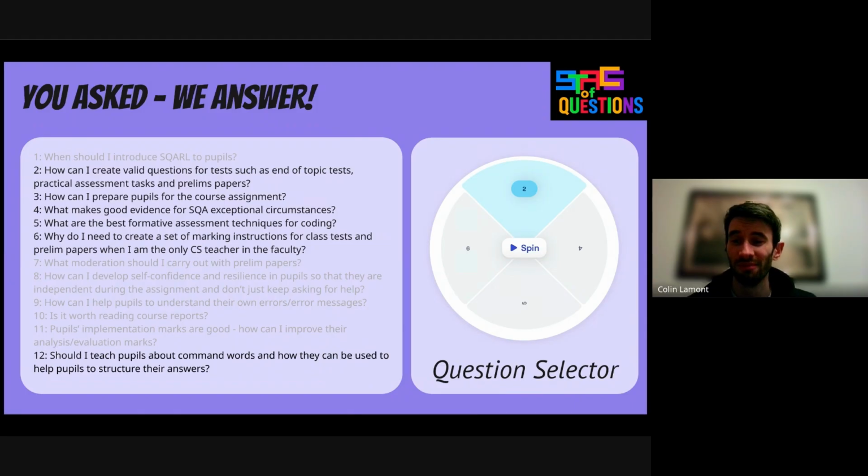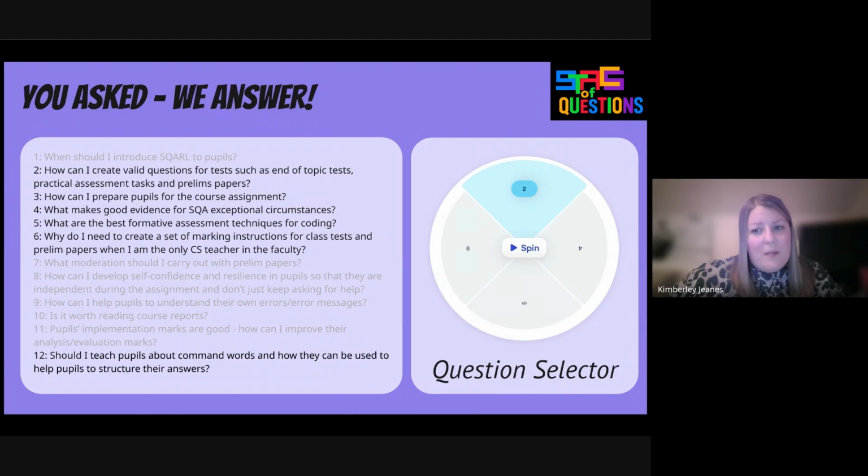What do you do? Yeah, and I also think sometimes people think of these three tasks, end of topic test, practical assessment tasks, as one big, huge task that they have to create. But I think it was really powerful what Maggie said when she was on, that she uses quite a lot of maybe just the evaluation task or maybe just the analysis task from a past assignment as a starter question, or drip fed into a little bit of her work, putting the context in there.